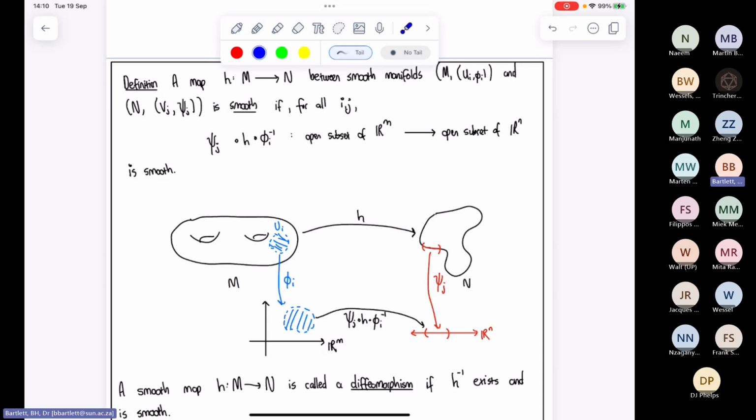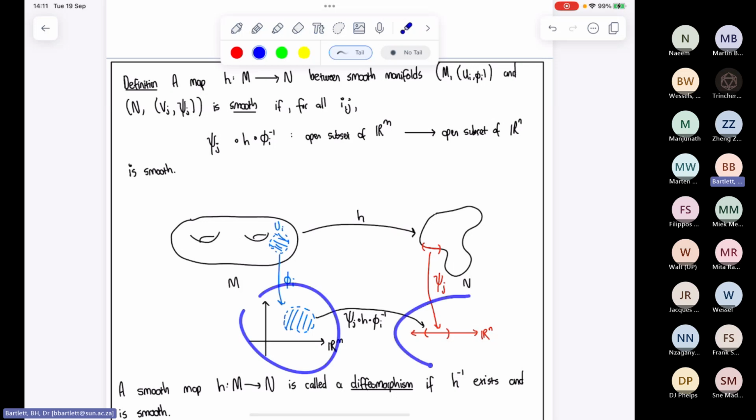And the answer is, for every chart in M and for every chart in N, I can consider this composite, if non-empty. And I want this composite, which is a map from R^m to R^n, to be a smooth map.